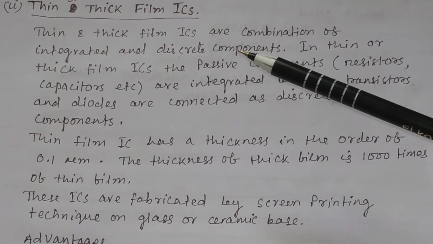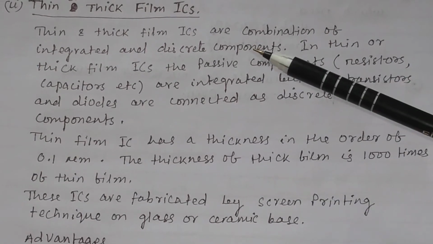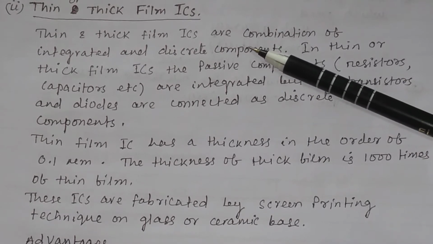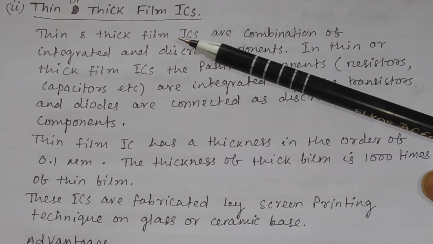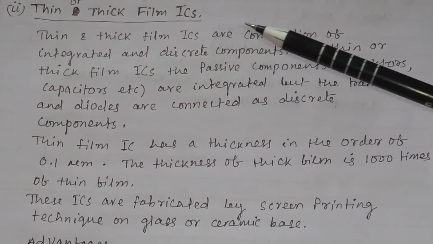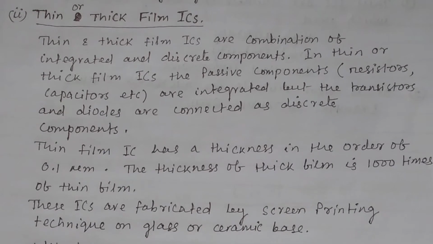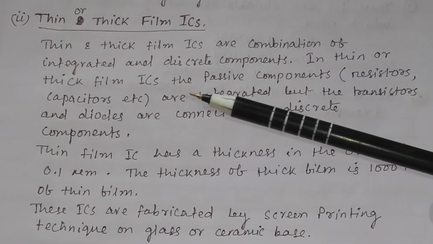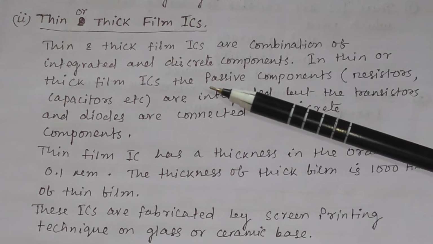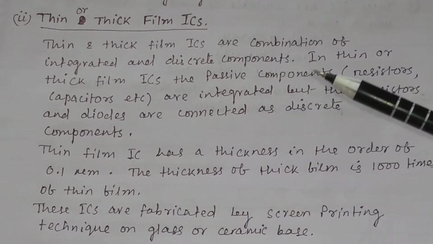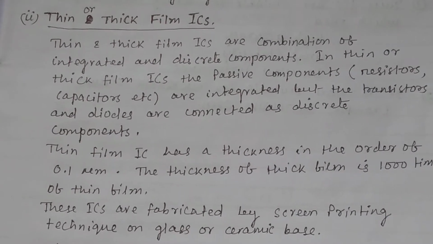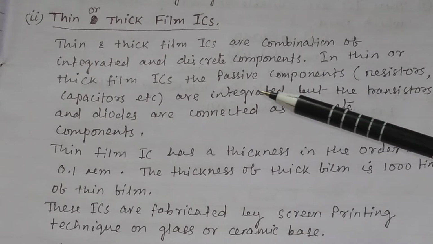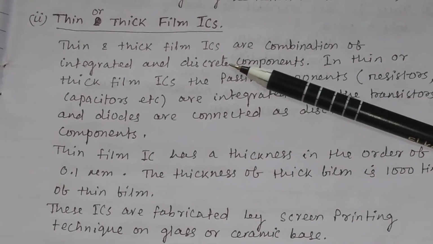Thin and thick film ICs are a combination of integrated circuits and discrete components. So basically in thin and thick films, you have integrated circuits of passive components like resistors, capacitors, etc. And the discrete components like transistors and diodes are connected to the thin film ICs.